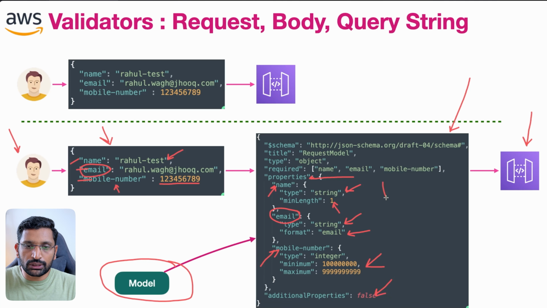So these are the properties which we need to validate in our request body, and this is the format through which you can create your model. This model is very simple, and you don't need to know anything specific. You just need to follow certain syntax, and you can create your own request model which can validate the request body.